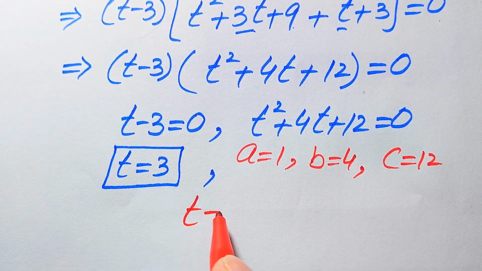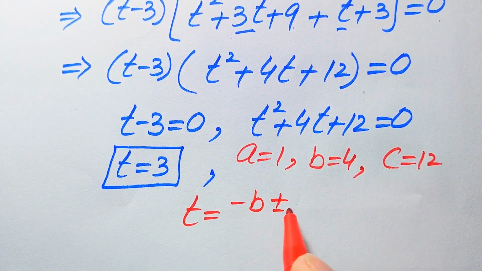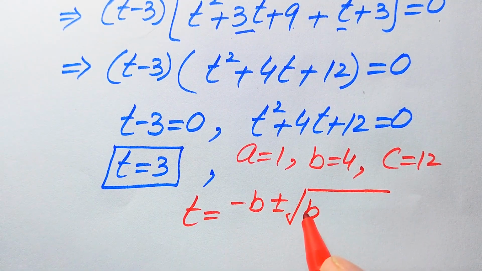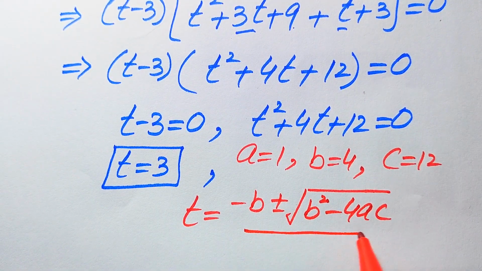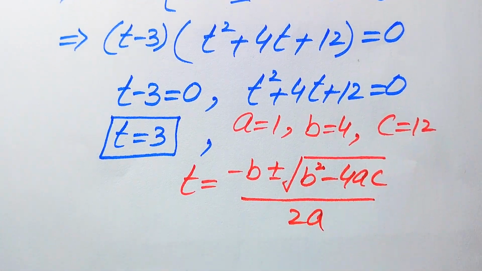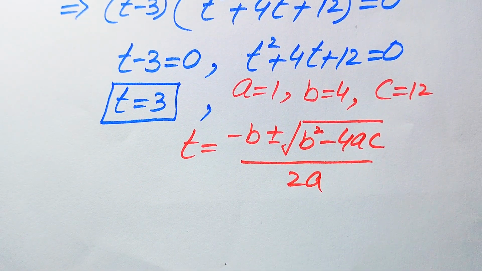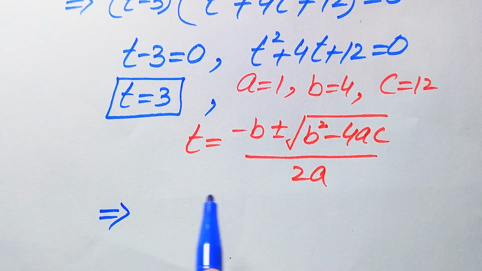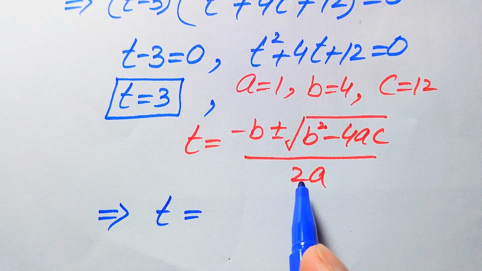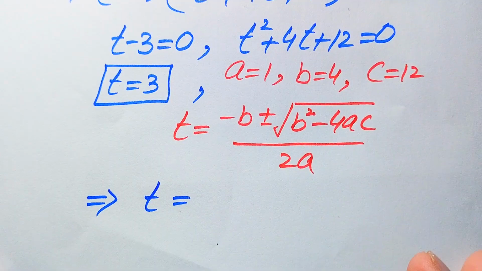The quadratic formula is t equals minus b plus minus square root of b square minus 4ac, divided by 2a. Here we substitute all the values of a, b and c in this formula.